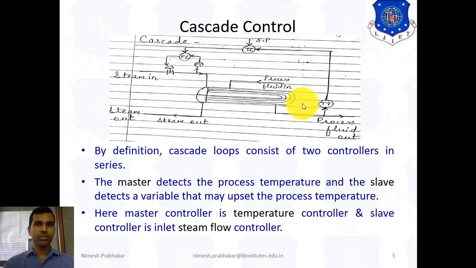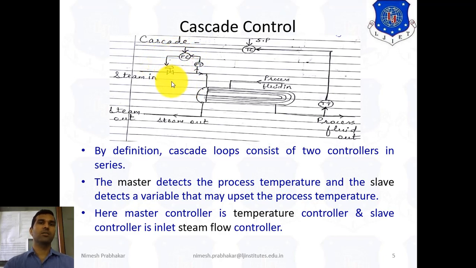And here the main aim is the temperature control. So the outlet temperature is sensed by this device and sent to the temperature controller, and the temperature controller matches the output temperature with the set point, and according to that gives controlling action to the flow controller, and the flow controller also maintains the flow of this steam.